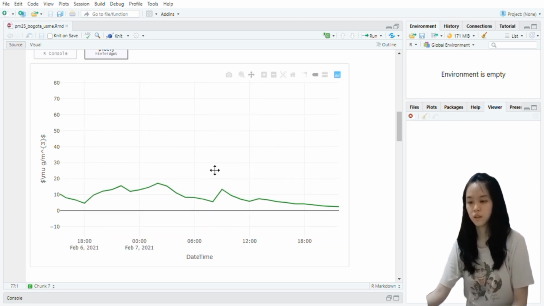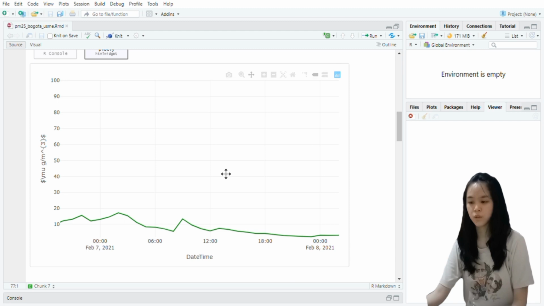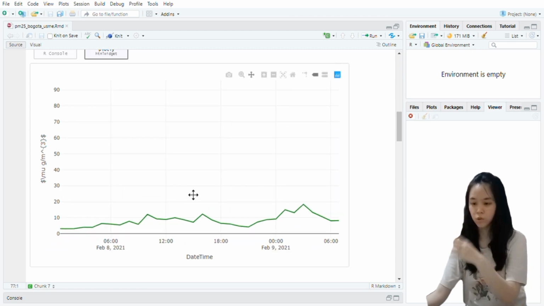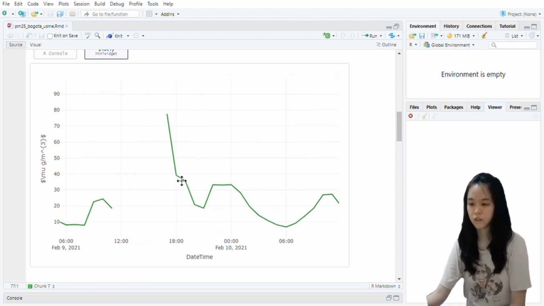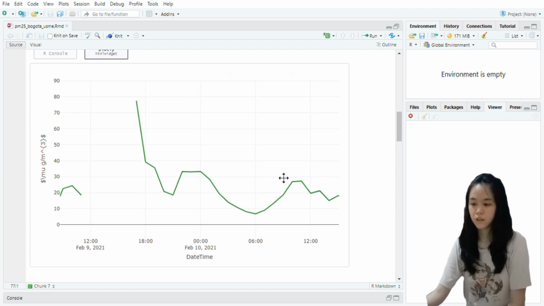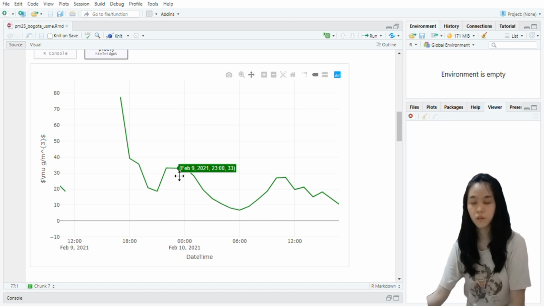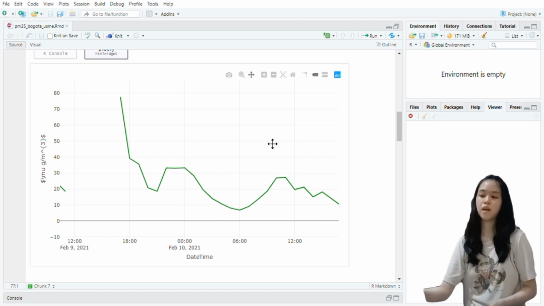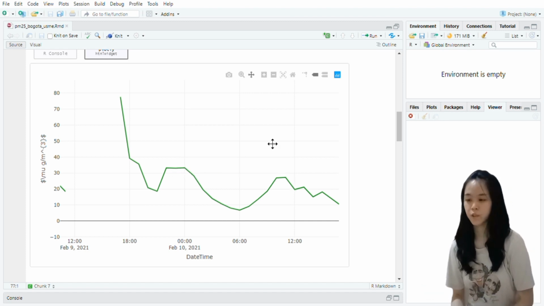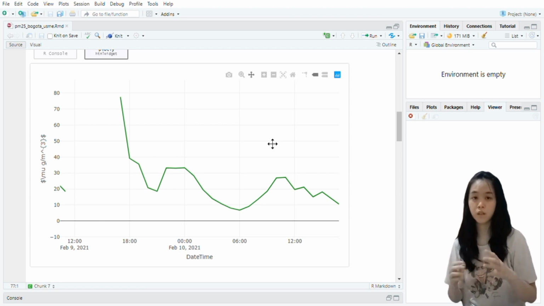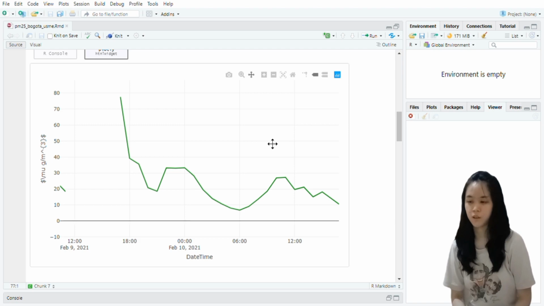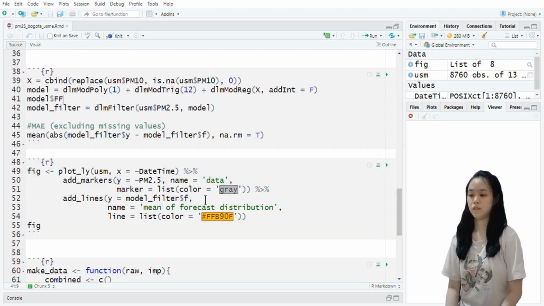So yeah, when I scroll through the data, it seems like the pattern repeats itself every 12 hours, roughly. So that's why I set the period to be 12. Of course, when we try out the model later, we can play with some period values. Now, let's go to the next component.